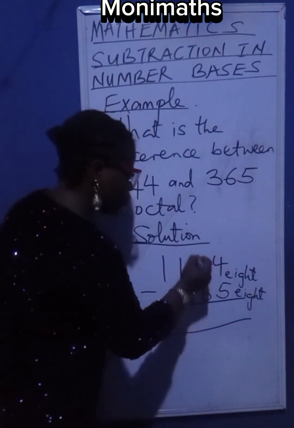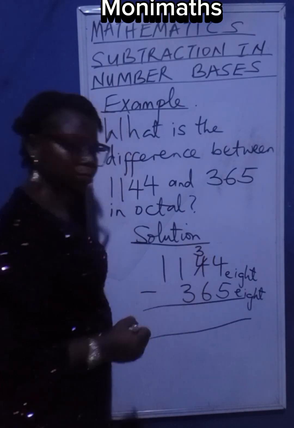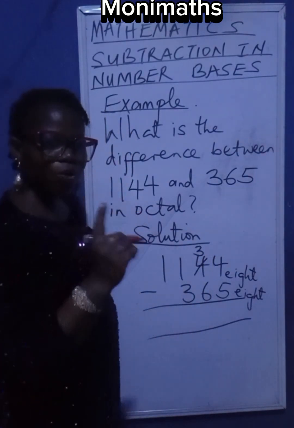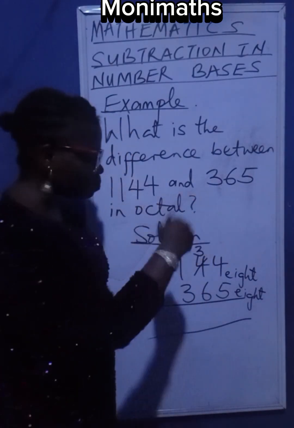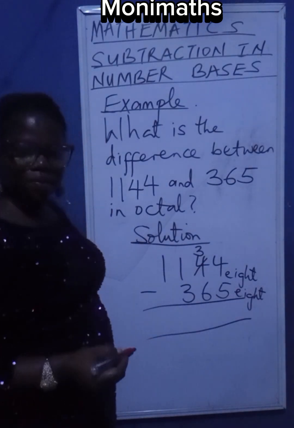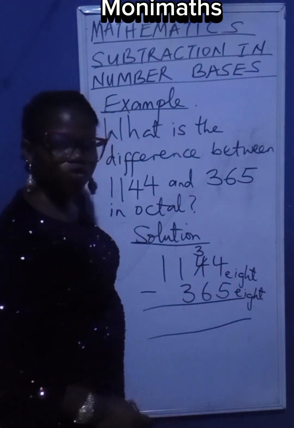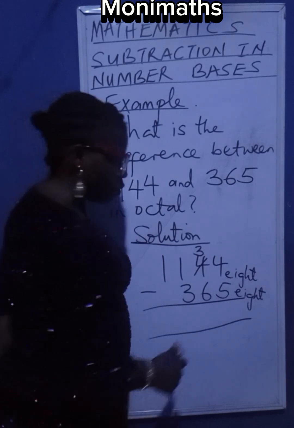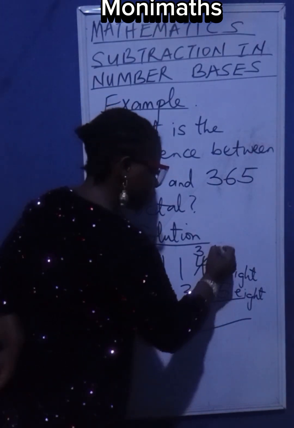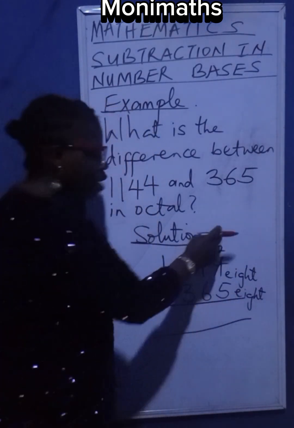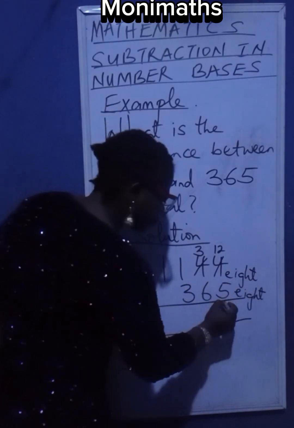So we borrow 1 from here, this is remaining 3. That 1 we have borrowed is not 1, it is the base, which is 8. So when you bring it here, 8 plus 4 is 12. So what you have now is 12. 12 minus 5 is 7.